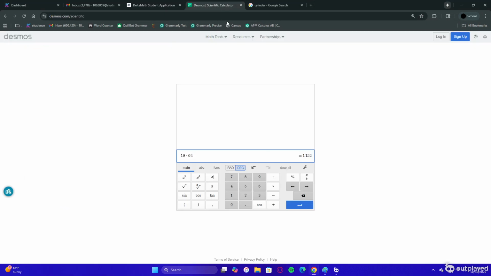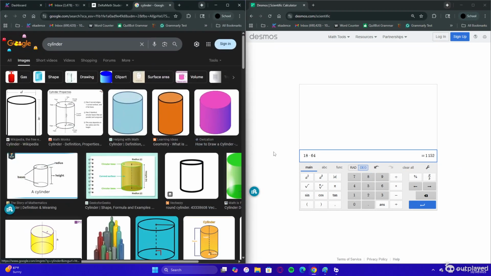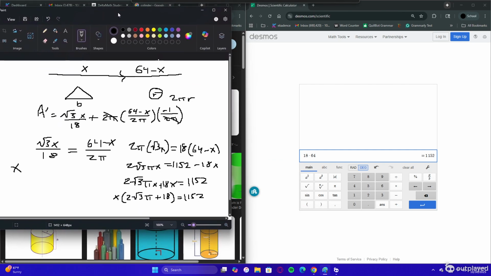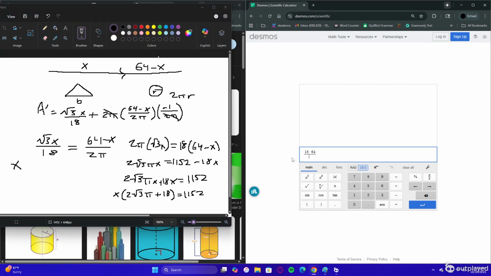And right here, if you do that, 1152 over 2 times the square root of 3 times pi plus 18.